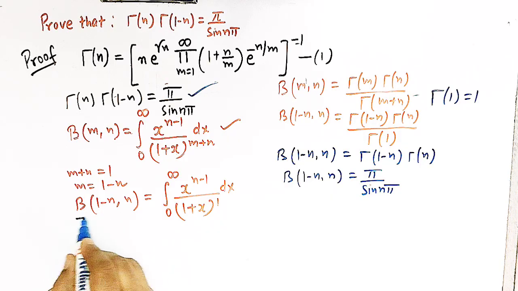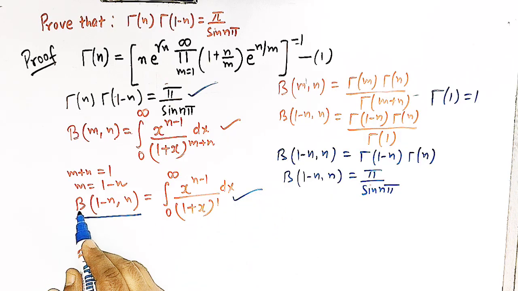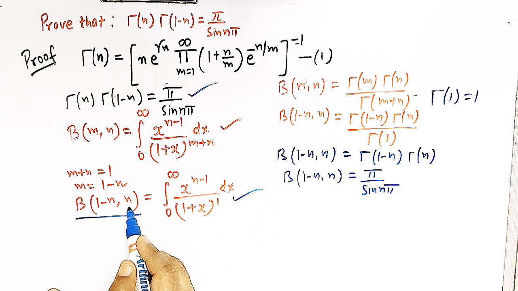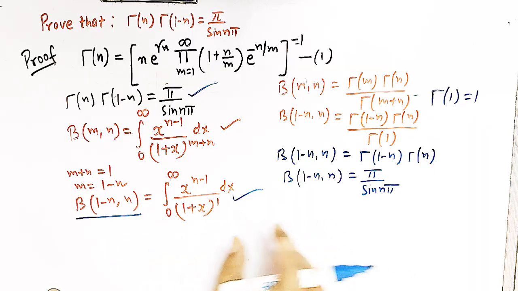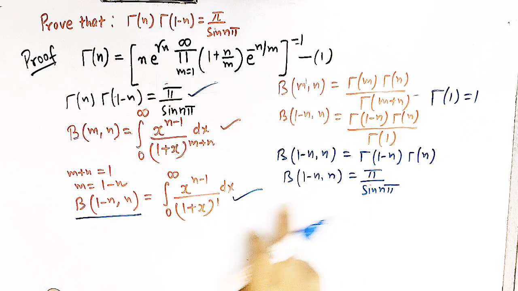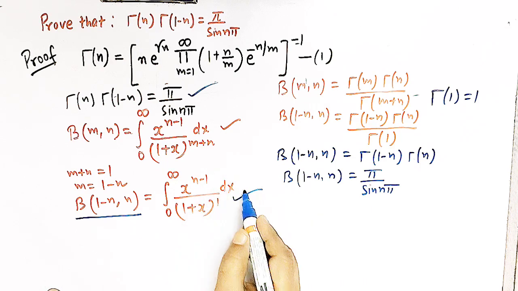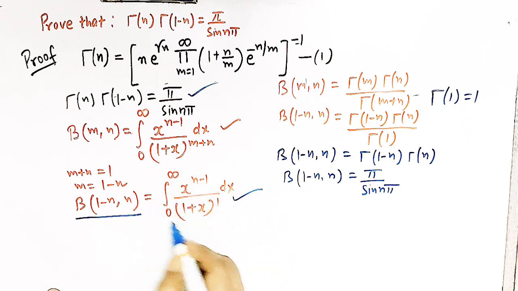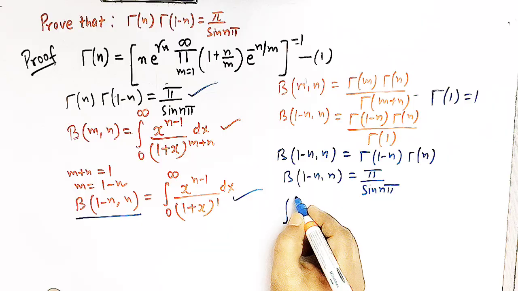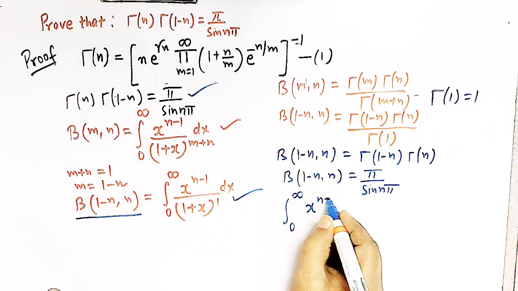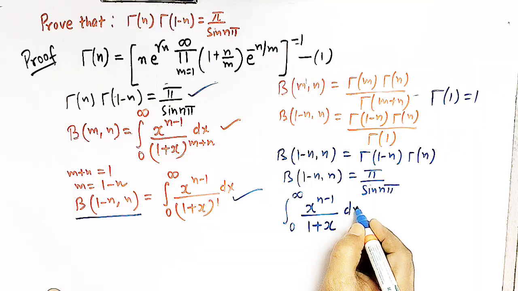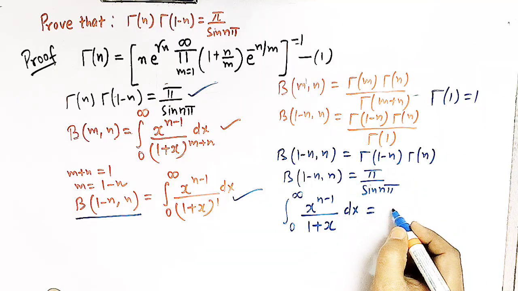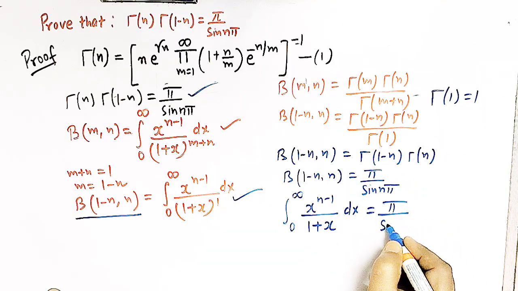But we have seen that from this expression beta 1 minus n comma n is equal to this integral, right? So taking these two equations, we can now write the value of this integral, that is the integral from 0 to infinity of x raised to n minus 1 over 1 plus x dx is equal to pi divided by sine n pi, right?